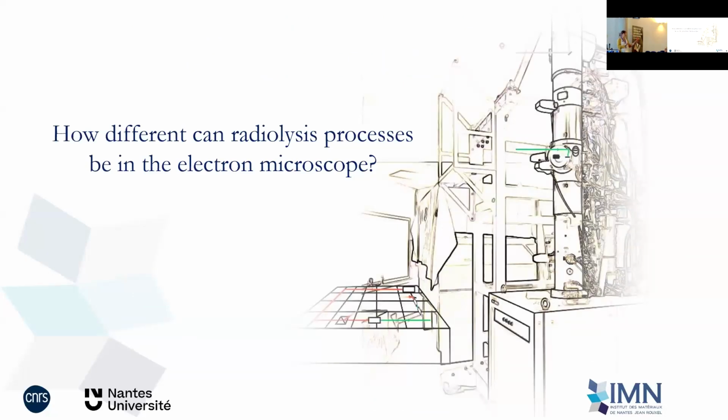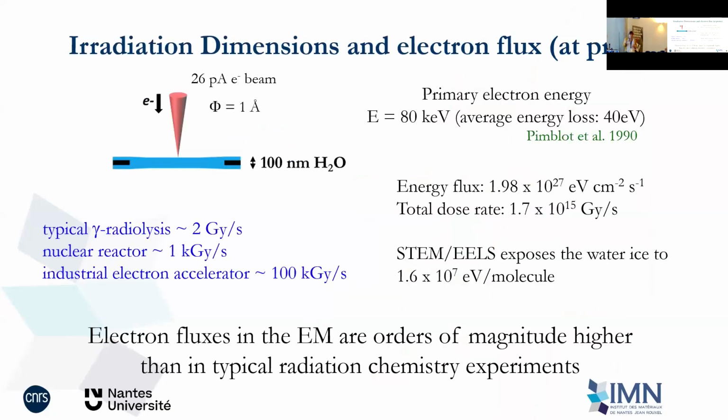So now, if you do this in the electron microscope, how different is this? What are the things that are not really the same as all these things that are tabulated, all this information about radiolysis? Well, the first is the dose rates that we are using. And here I'm doing a comparison.